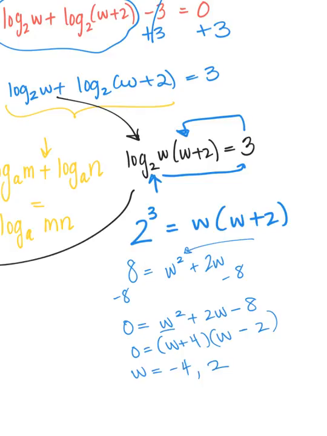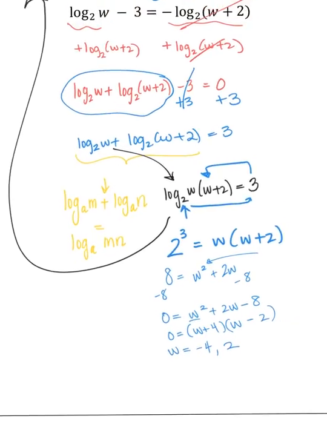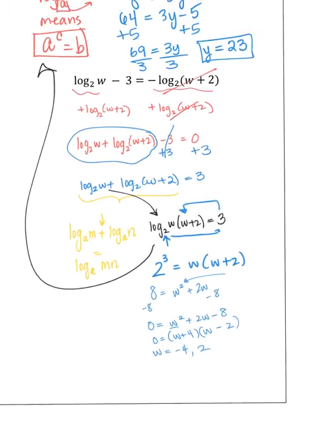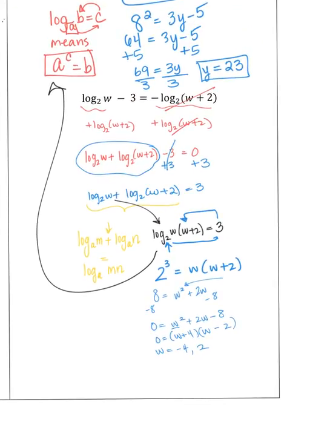Now before I box those, I need to think about what the original equation was. So going back to the very beginning here, we need to make sure that both of the values negative 4 and 2 are okay. When we say okay, what we want is that you're always going to be taking log of something positive. It doesn't make sense to have a negative number inside here because it's the answer to an exponential expression.